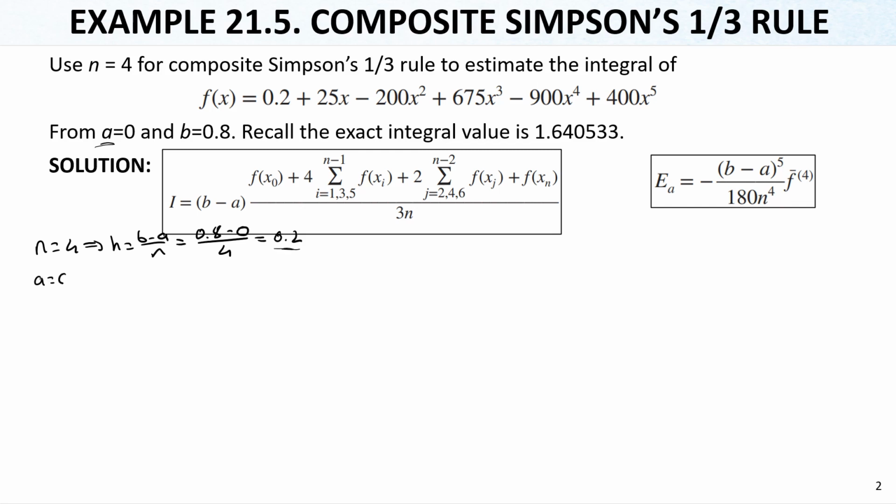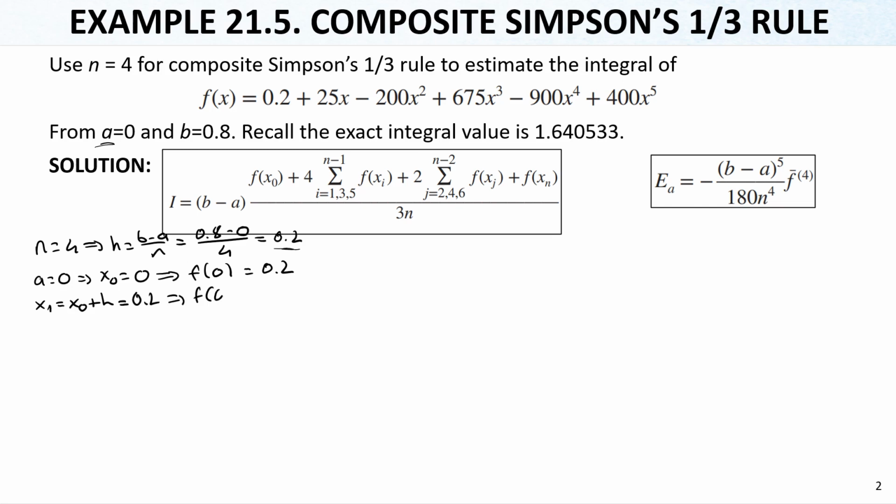So a equals 0, then f, sorry, not start with the f, let's start with the x. x0 is 0, and f(x0), which means f(0), is 0.2. For x1, we increase it by x0 plus h, which becomes 0 plus 0.2, 0.2.